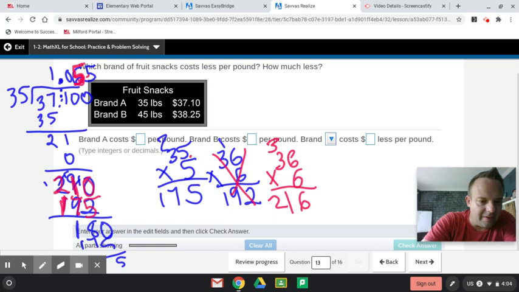Okay, so now I'm just going to get rid of some of this. Get rid of some of that there. So now I can borrow. And that is 5 and 1. 10 minus 7 is 3. Okay, now I'm going to bring down that other 0. 350.